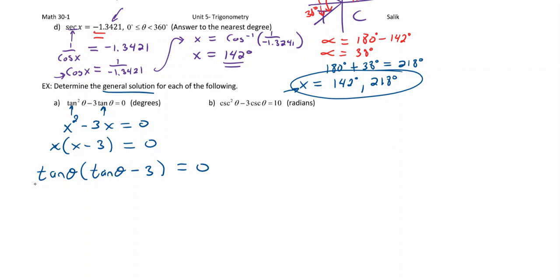Solution number one is when tan theta is equal to 0. That was when x was 0. And then situation number two would be when tan theta was equal to 3, to make that true.